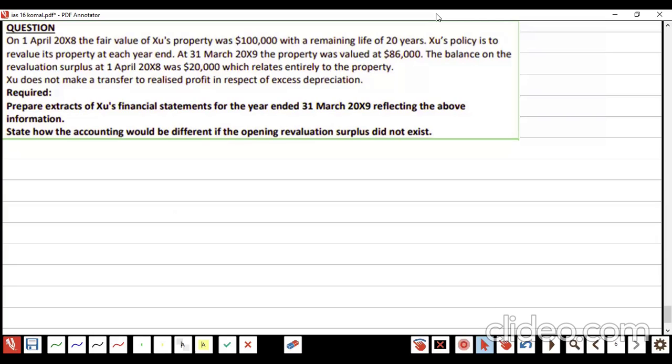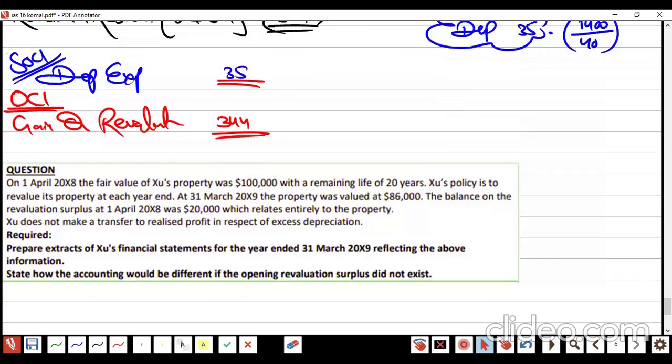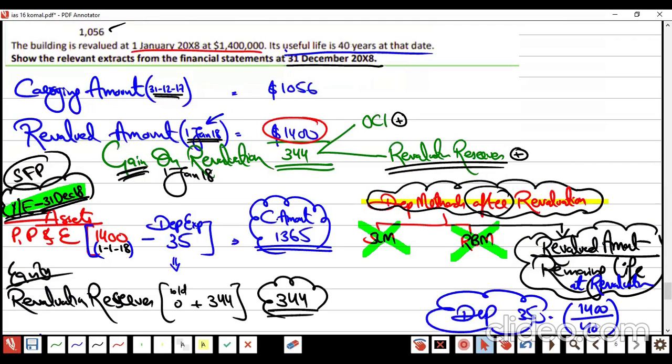In my style, if you are doing revaluation at the start of the year, first you do the working for revaluation, then you apply depreciation.